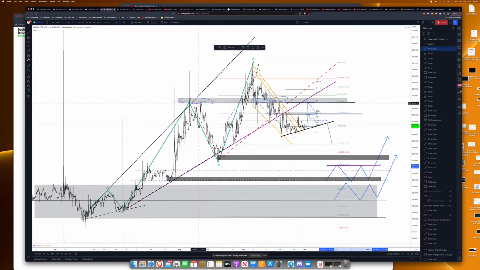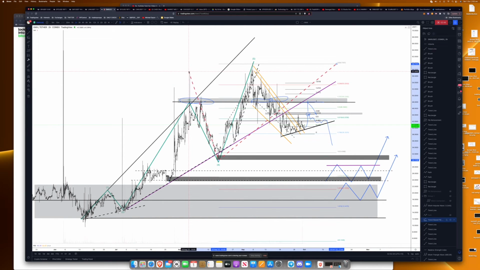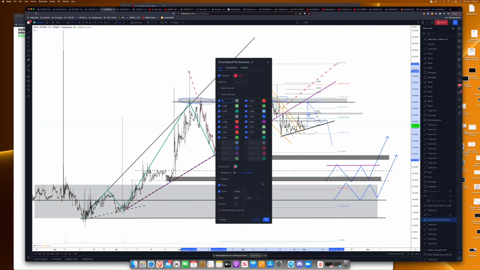So it's very problematic with this wick. If we leave it there, and you can see my swing high to the swing low, back to the swing high, we get these Fibonacci levels. And if I could make it thicker, you see that there.